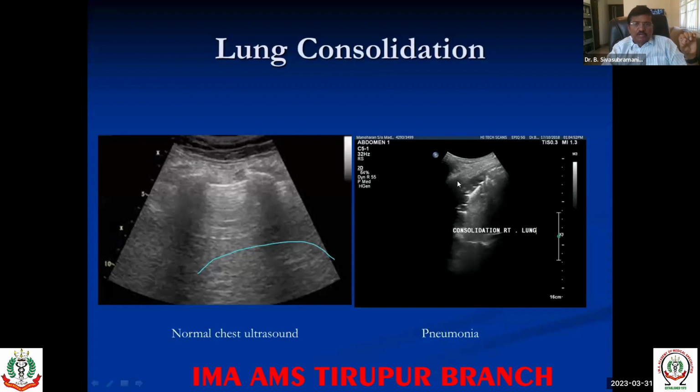And this is the chest wall. So you can appreciate the consolidation. Central consolidation will be difficult to appreciate. The consolidation should be close to the chest wall. If it's close to the chest wall, then we'll be able to appreciate the lung consolidation as a hypoechoic area with air bronchogram, which is appearing as a bright structure.